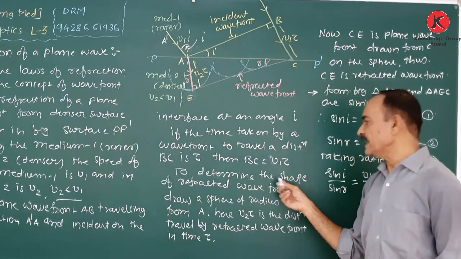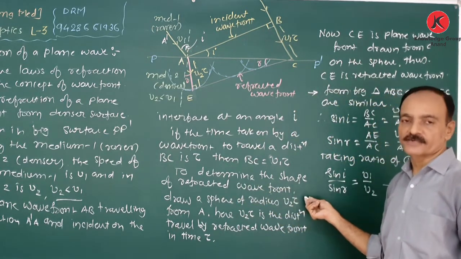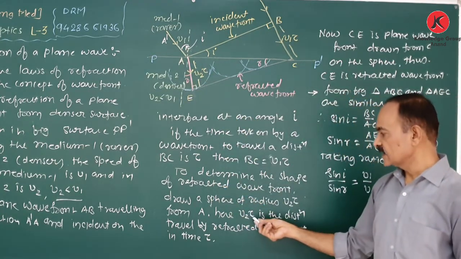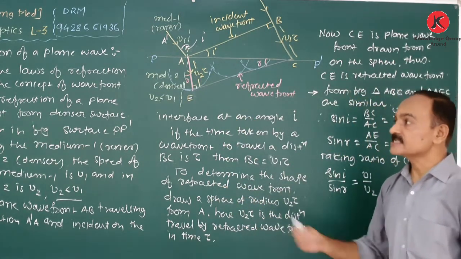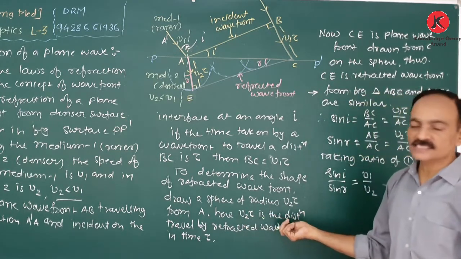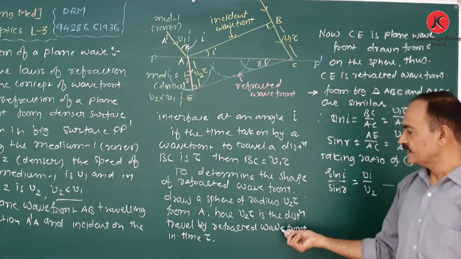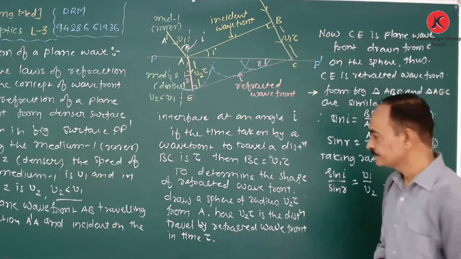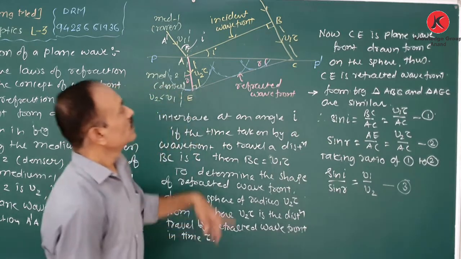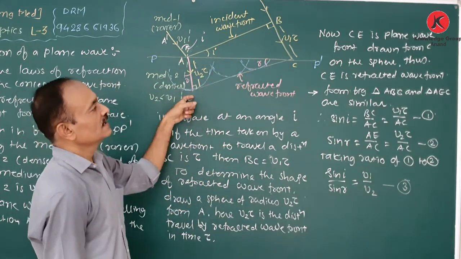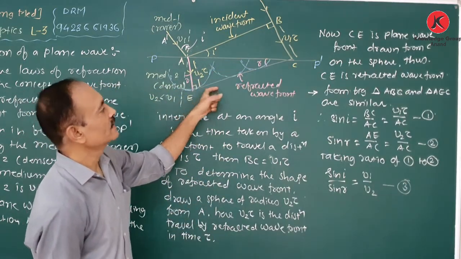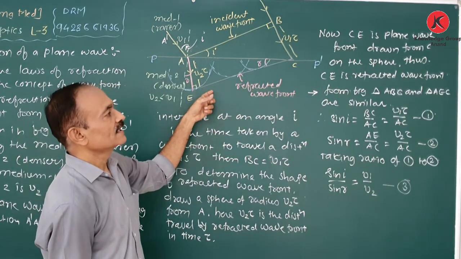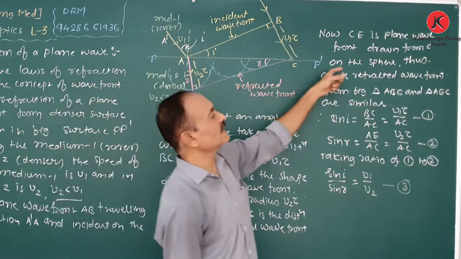Therefore, to determine the shape of the refracted wave front, draw a sphere from point A of radius V2 into tau. V2 tau is the distance traveled by the refracted wave front in the denser medium. Now, CE is the plane wave front drawn from C, actually the tangent to the sphere.